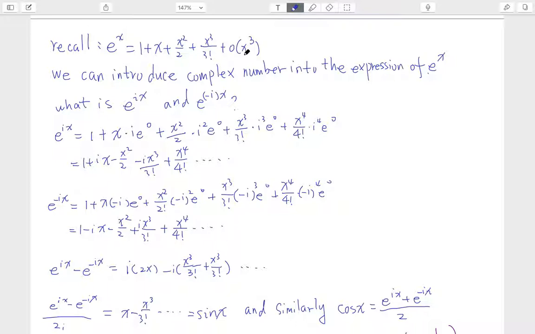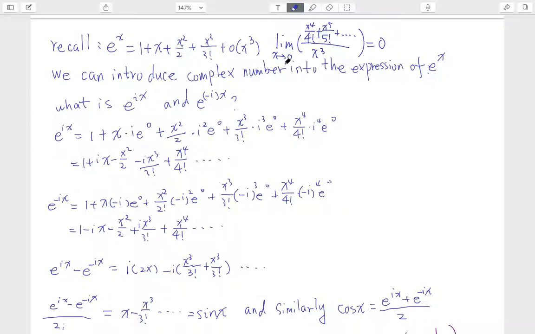So let me write it down. If you take the limit of x tends to 0, since in the first term there is an x in the expression, and in the second term there is an x squared, and so on and so forth.